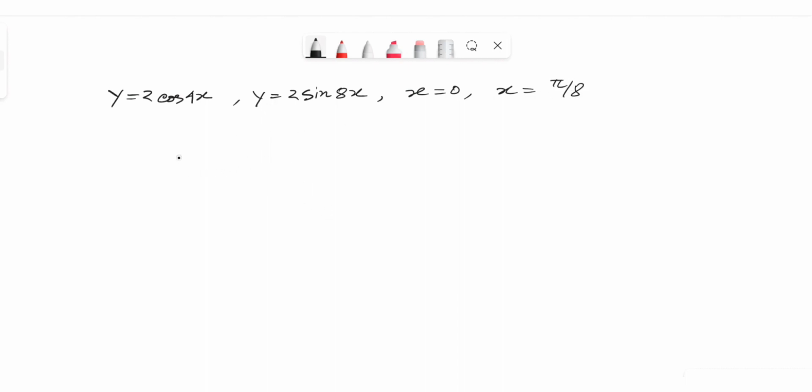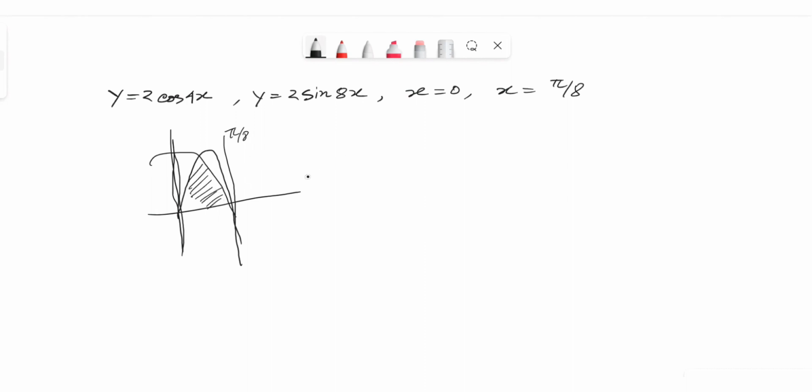So the graph looks like this: that is the cosine curve, and the sine curve goes like this way, and this will be the pi by 8 line, and the x equals 0 line will be this one. So the region to find is this one.